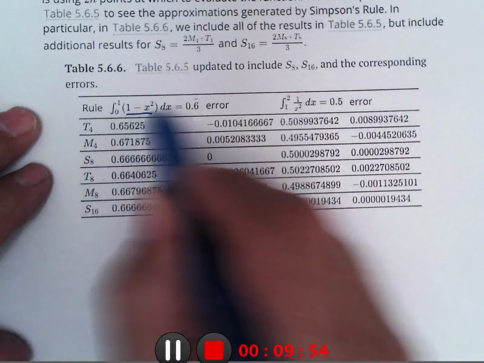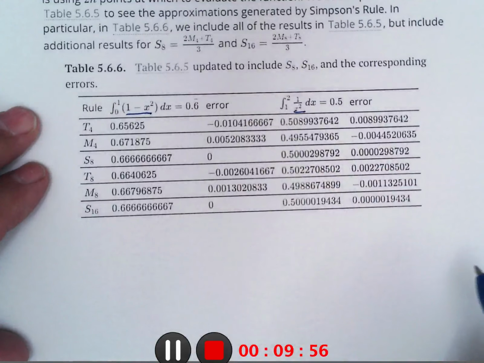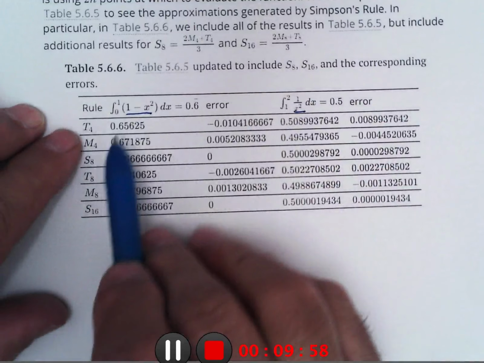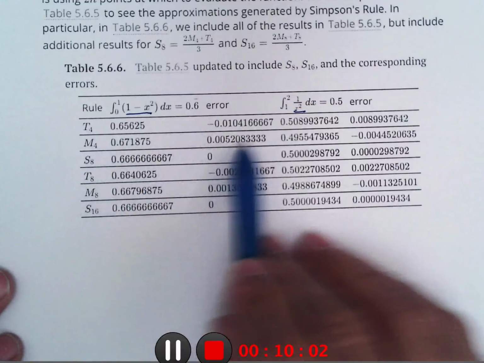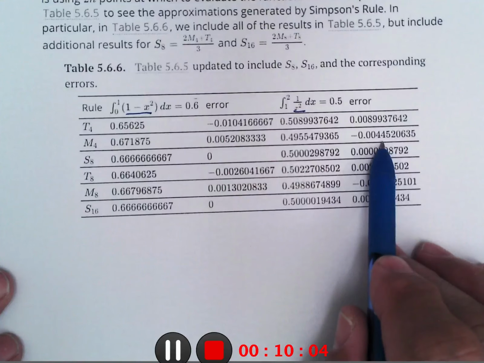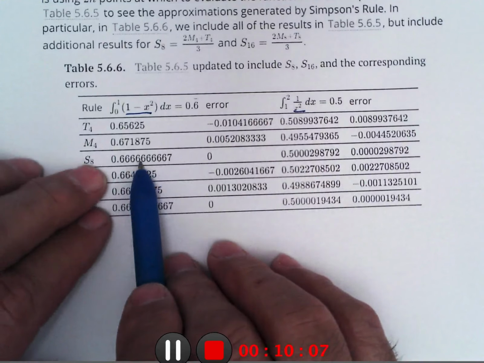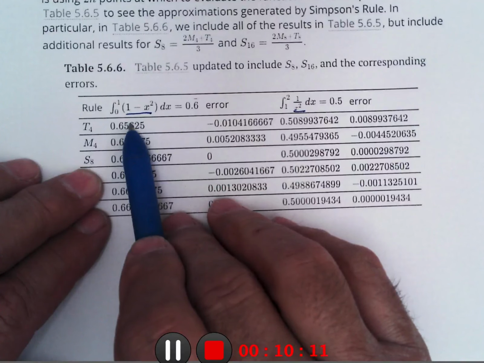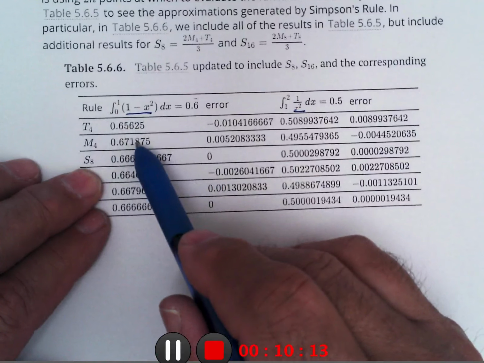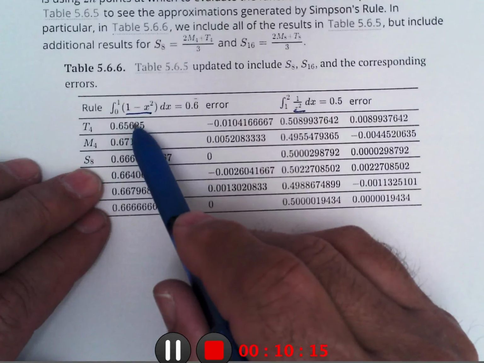How did they compare? So these two lines are exactly what was on the previous table I showed you. And then they did the Simpson 8, which is 2 of those plus that divided by 3. So they took 2 of the midpoint ones plus the trapezoidal one divided by 3, and they got this.